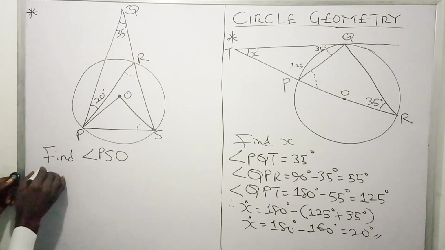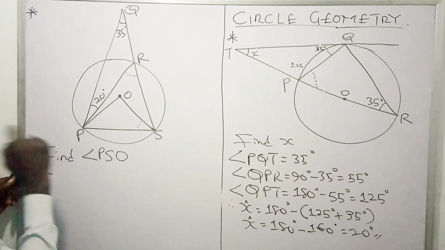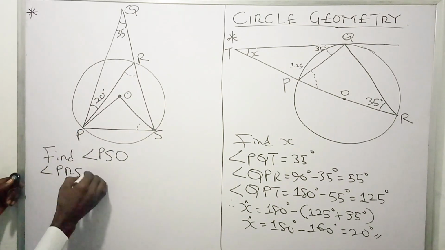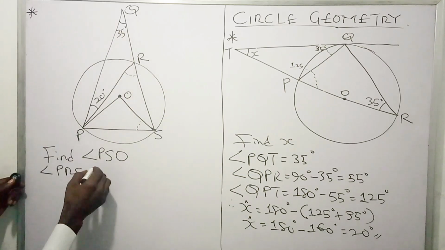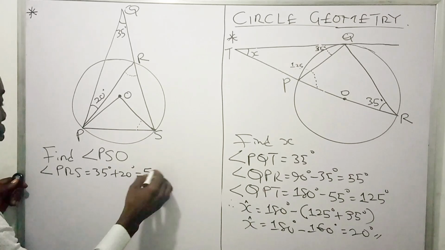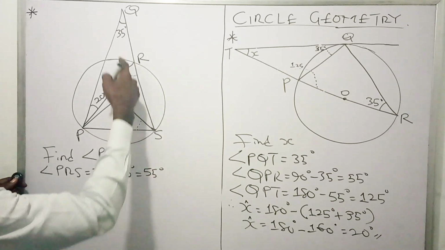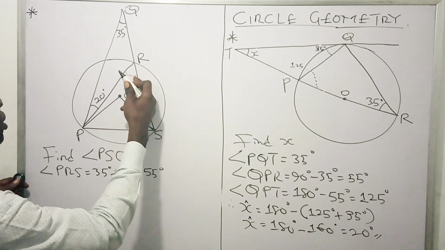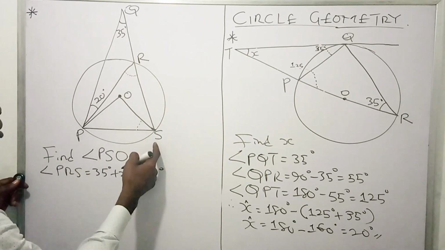So angle PRS will be equal to the sum of these two, 35 plus 20 degrees, and that will give us 55 degrees. Sum of opposite interior angles equals the exterior angle. Okay, so now that we have this, we can get POS.